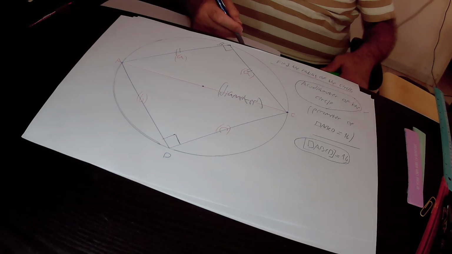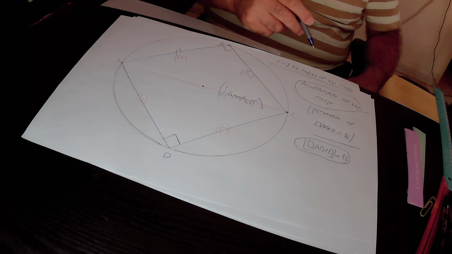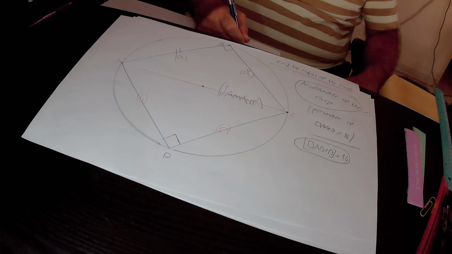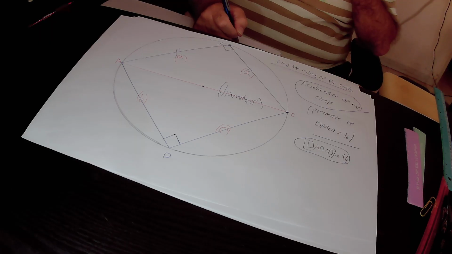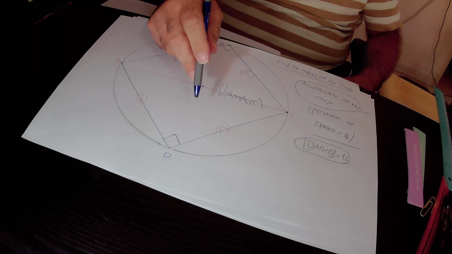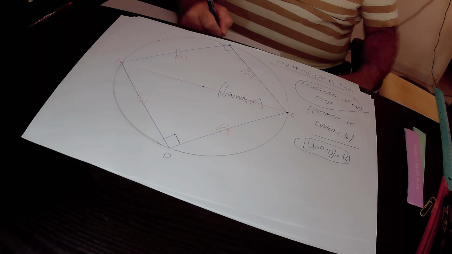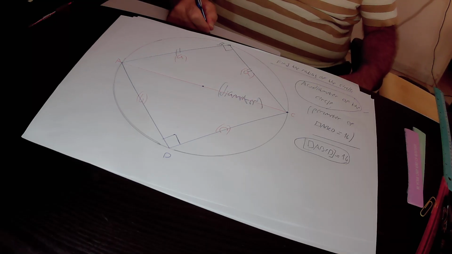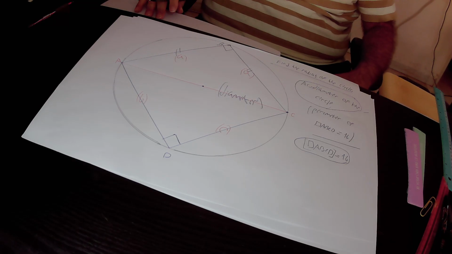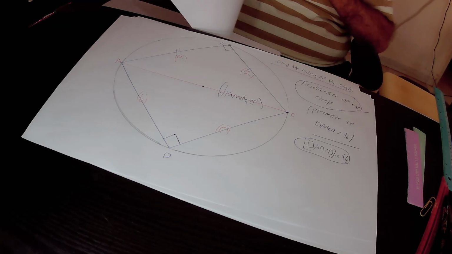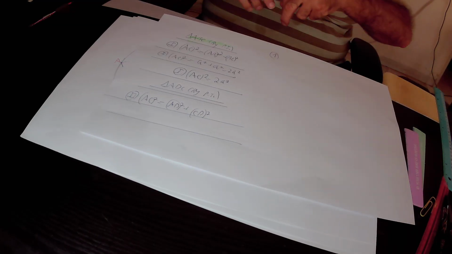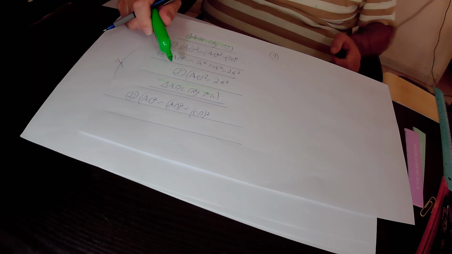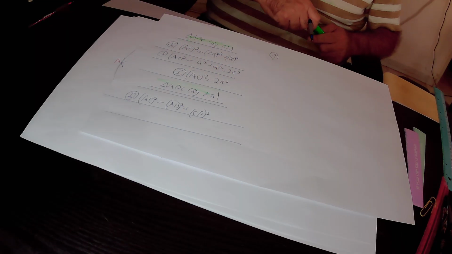According to the Pythagorean theorem, in this right triangle ADC, AC squared, this is the square of the hypotenuse, is equal to AD square plus CD square. And again, AC squared, that is the square of the hypotenuse, equals AD square plus CD square.